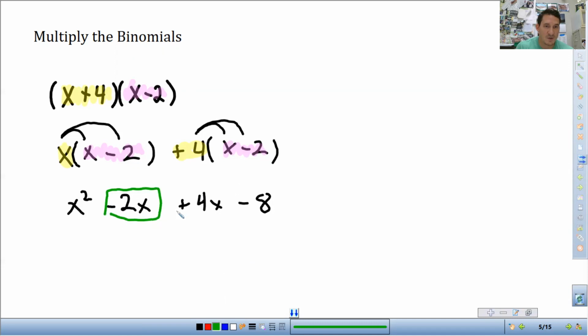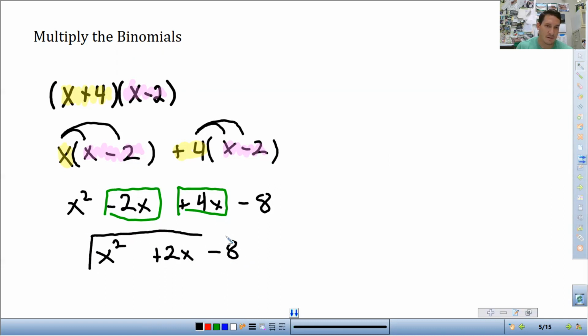So minus 2x plus 4x combines to a positive 2x. So the final thing is going to be x squared plus 2x minus 8. So that's one way to do it.